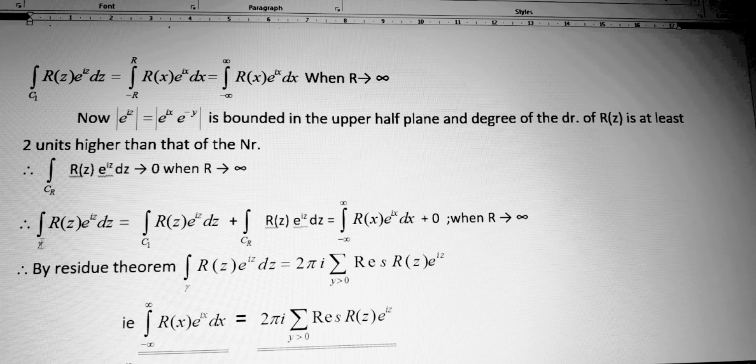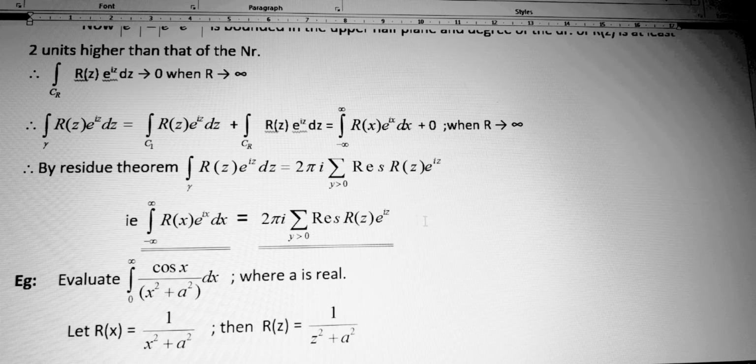So the integral over gamma of R(z) e^(iz) dz equals the integral from minus infinity to infinity of R(x) e^(ix) dx when R tends to infinity. Now by the residue theorem, the integral over gamma of R(z) e^(iz) dz equals 2 pi i times the sum, over y greater than 0, of the residues of R(z) e^(iz). Now the integral over gamma is the same as the integral from minus infinity to infinity of R(x) e^(ix) dx.